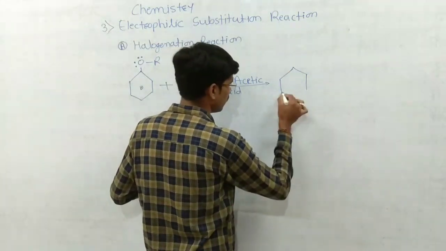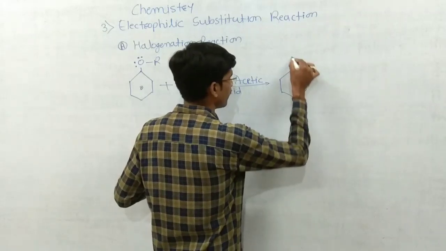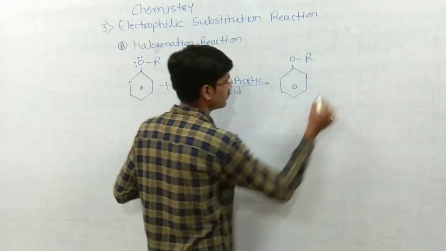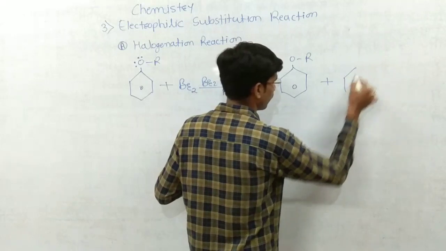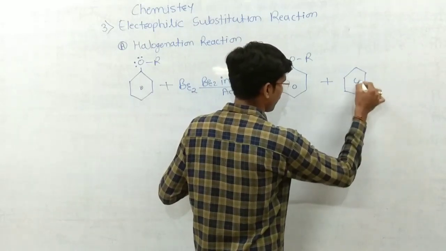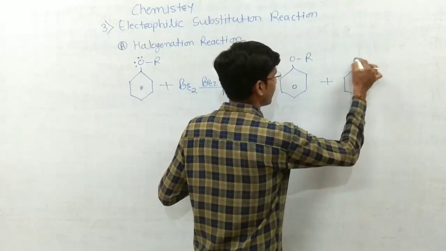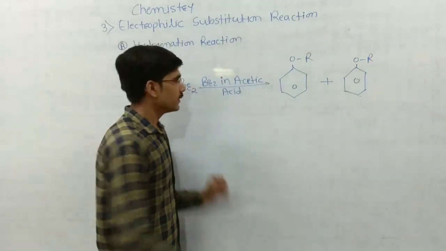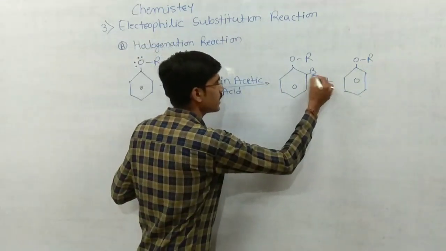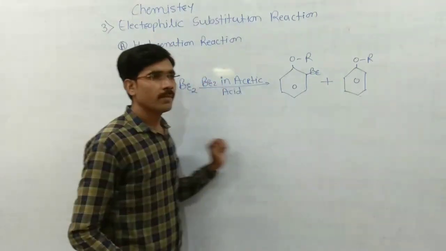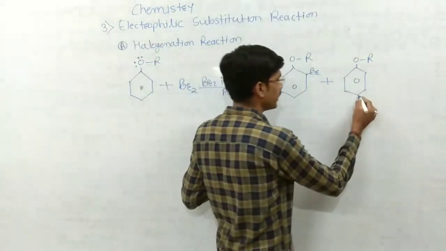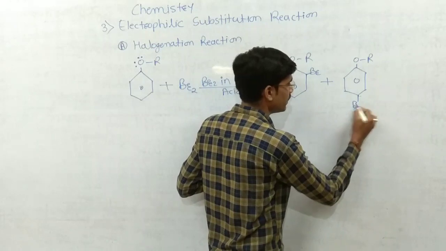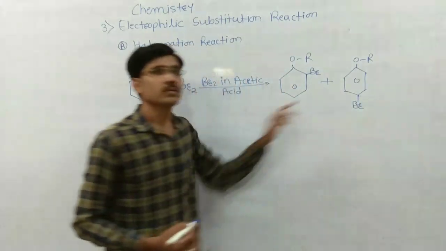One is ortho product and second one is para product. We are getting ortho product, that means Br is added on ortho position, and second we are getting para product, that is Br is added on para position.